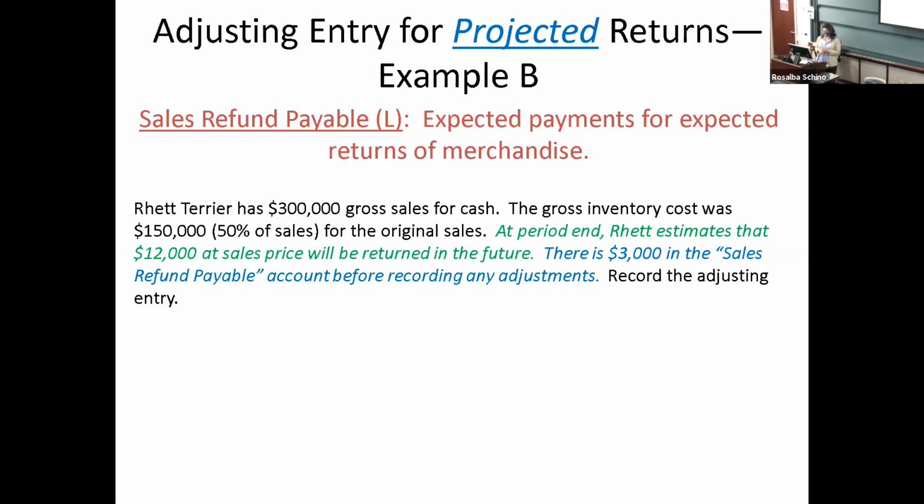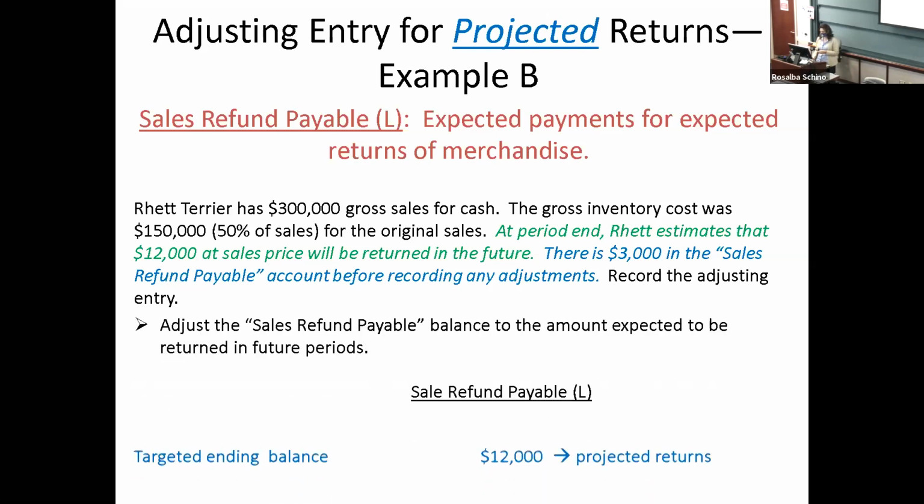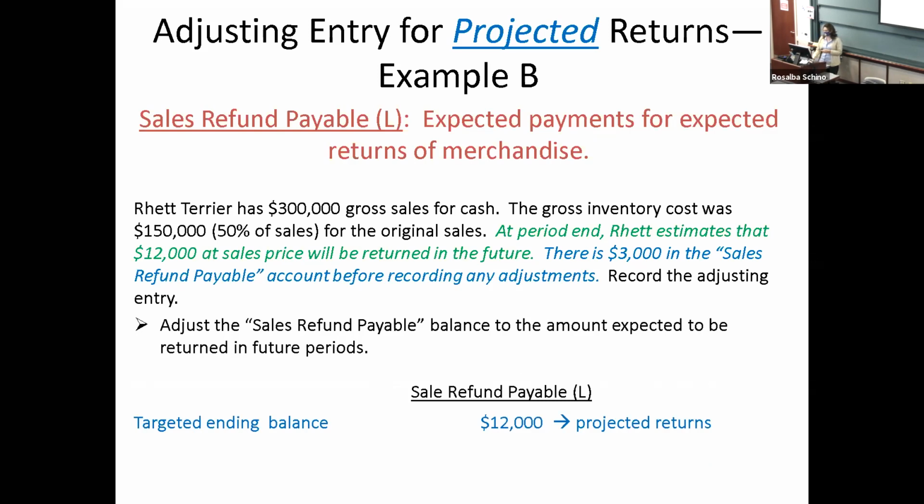So Rhett has gross sales of $300,000, $150,000 of cost of goods sold, and there's an estimate of $12,000 of returns in the future. However, there's $3,000 in sales refund payable already. So what are the adjusting entries here? In essence, you have a sales refund payable that is projected to be $12,000, but you already have $3,000 in the balance.